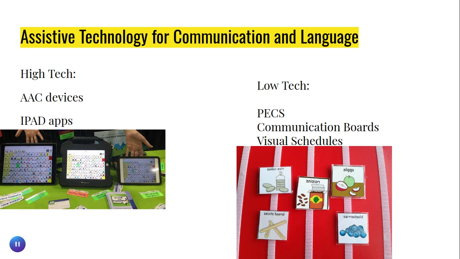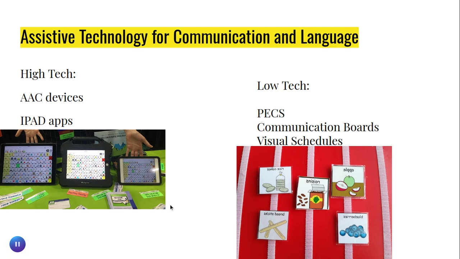There are some high-tech ways that we can add some assistive technology, but then there are also low-tech ways. The more high-tech ways are AAC devices and iPad apps, as you can see in these pictures. Basically, you'll either get a device that is made specifically for augmentative communication, or you can just download an app onto a device that you already have, like an iPad or a tablet.